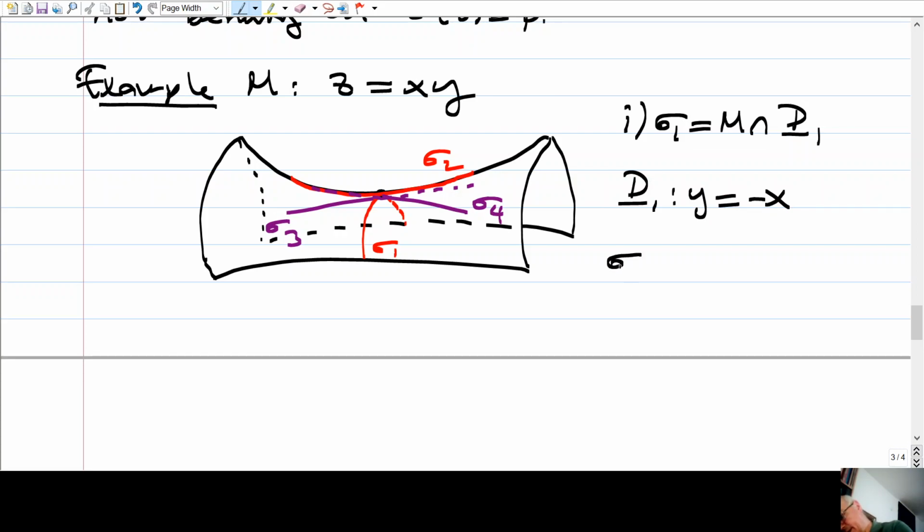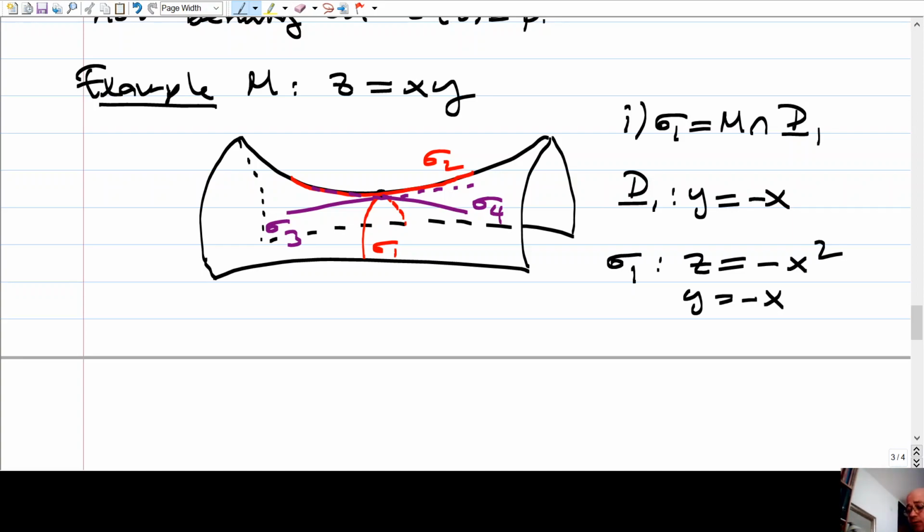In this case, sigma 1 is the curve given by z equals what? Since y equals minus x, z equals minus x squared and y equals minus x. So these two equations define the curve sigma 1.